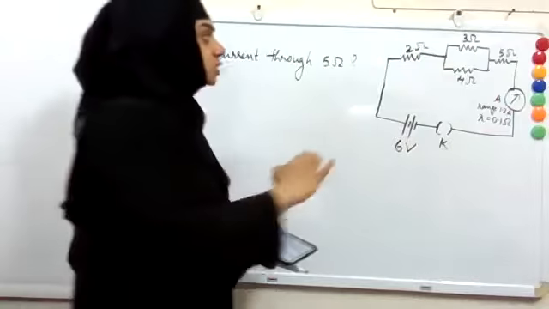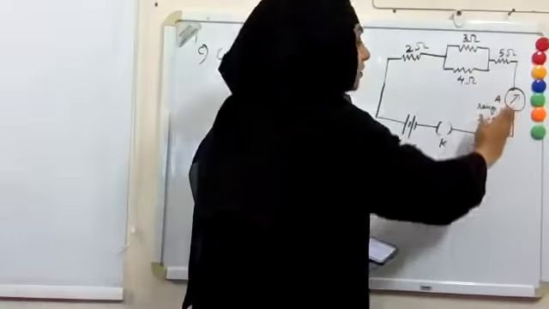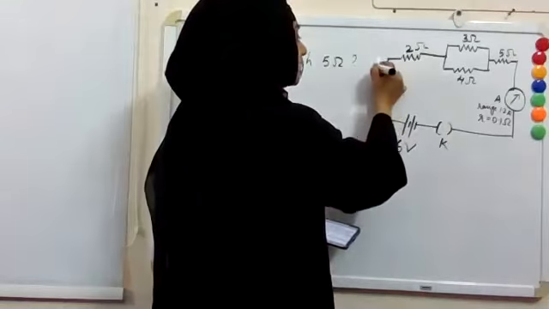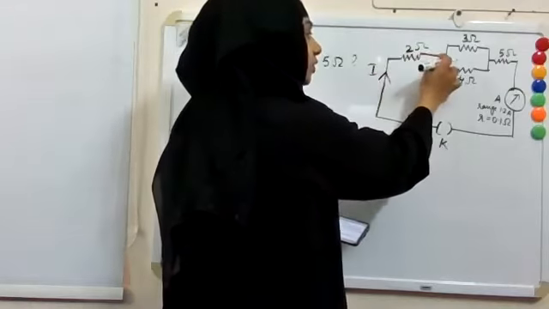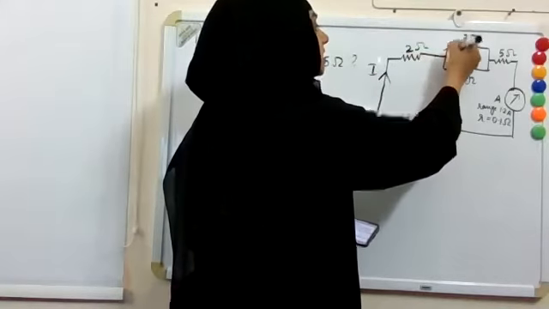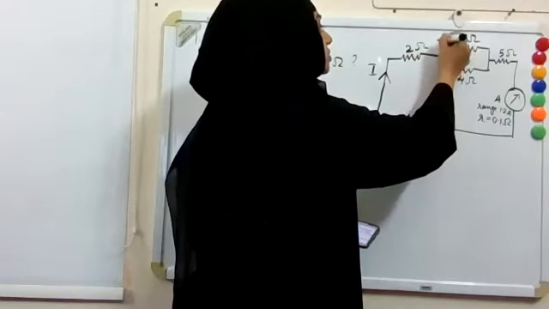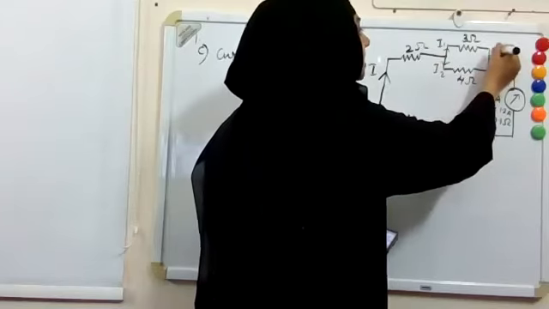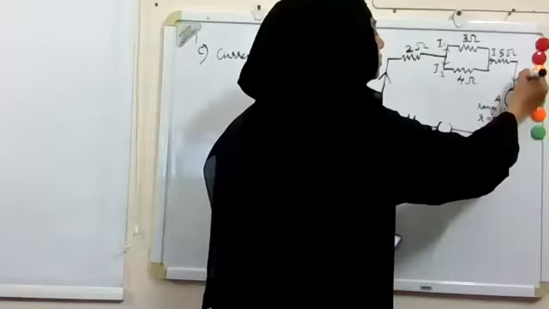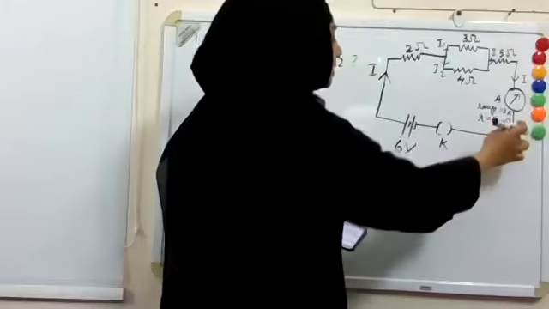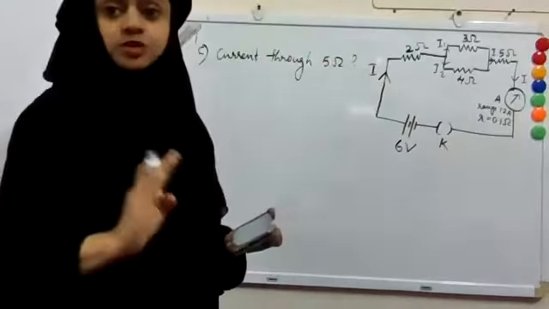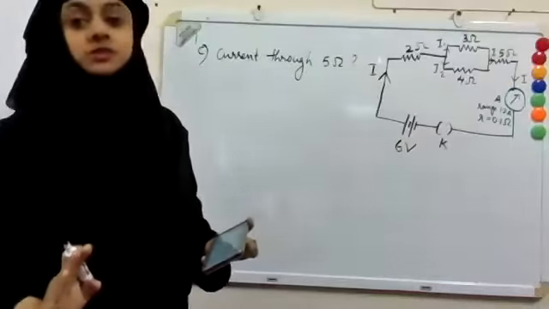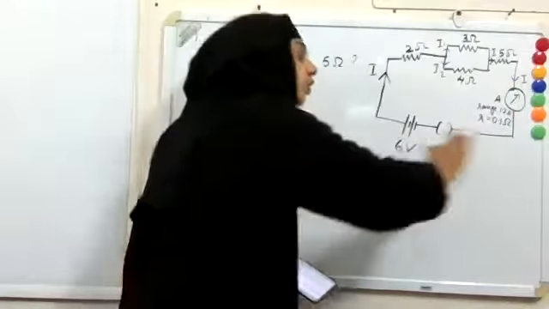You have to find the effective resistance of the whole circuit, because a main current I will flow through 2 ohm, then split into I1 and I2, then join back again as I, and flow through 5 ohm, the ammeter, and get back. So you have to consider the whole circuit.